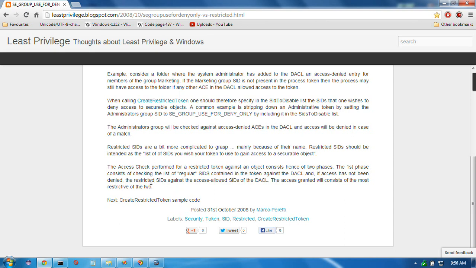Now, that's also not correct. The restricted SIDs may be checked against access denied, not only allowed. Okay? Access granted will consist of the most restricted of the two.